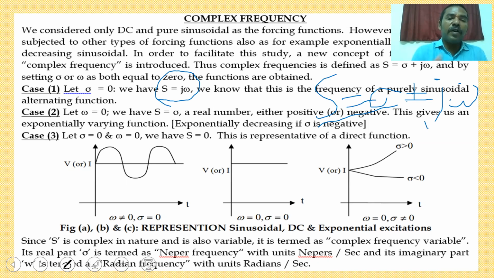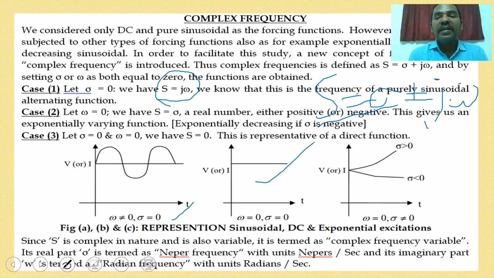So here I have represented different waveforms with respect to different excitations. If omega naught is not equal to 0 and sigma is equal to 0, then this function is a sinusoidal function. It varies with respect to time. If omega is equal to 0 and sigma is equal to 0, there is no complex frequency, so it is a DC excitation.